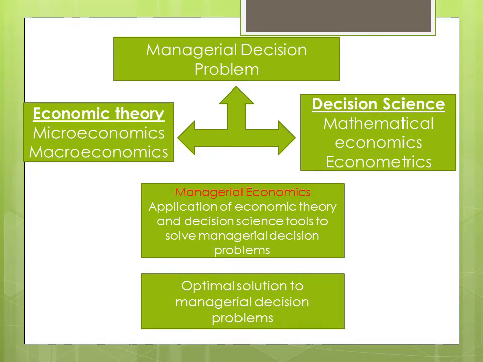Microeconomics is also called price theory, and in microeconomics we study price theory, theory of the consumer, theory of production, theory of firm behavior, theory of cost, theory of market structure, and theory of distribution.